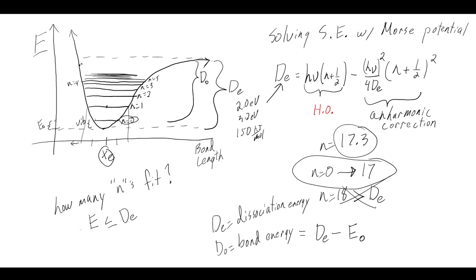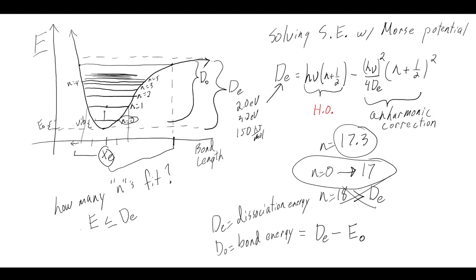But look what happens on the right. As you go up in energy, you are really exaggerating how far apart you're getting. Your distance here is much larger than your distance here. So as you go to higher vibrational states, the furthest apart they get increases much faster than the closest they get decreases.